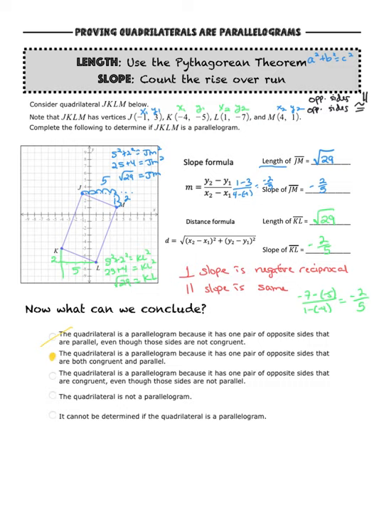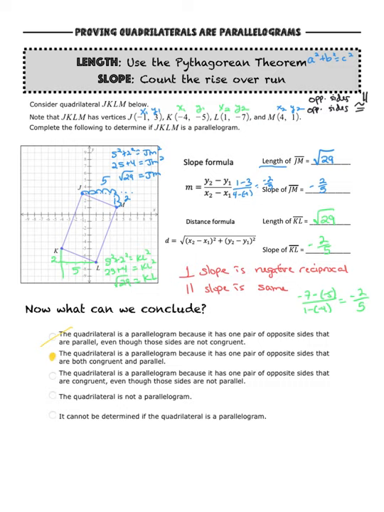Well, if you look at the first and the third choices, they are incorrect because what they say is a parallelogram is incorrect. A parallelogram has opposite sides that are parallel and congruent. So that's why you know it is a parallelogram. We've got parallel sides, and it cannot be determined. Well, that's not true either.